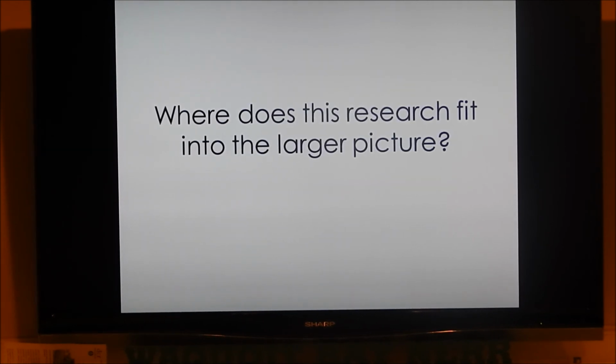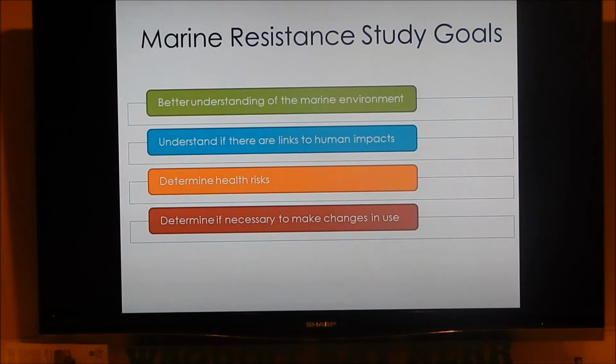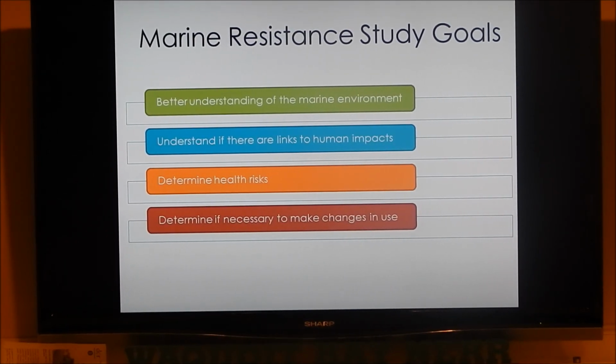So to end, the last part is where does this research fit into the larger picture? These are our general study goals in looking at the marine environment. The first two we're doing within the study, and the last two are things we're interested in looking at in the future.